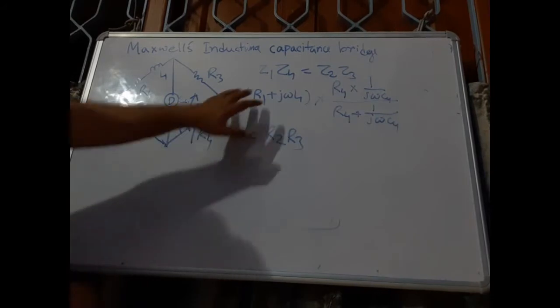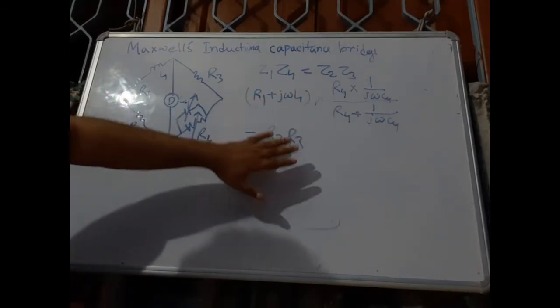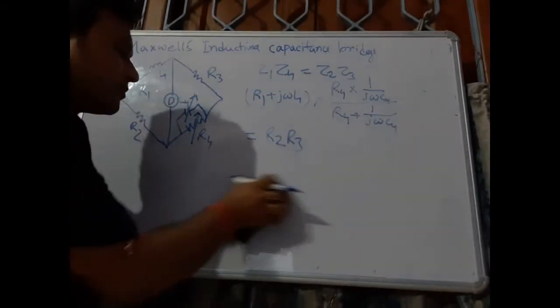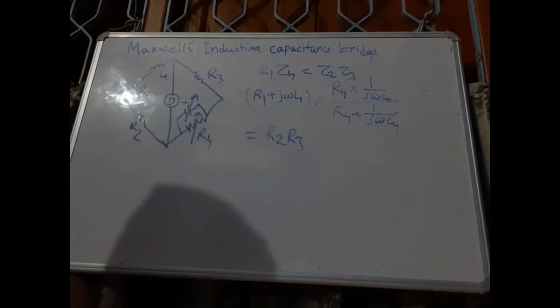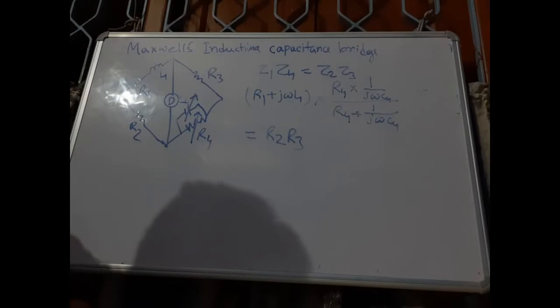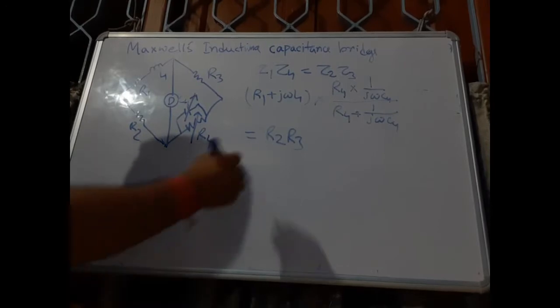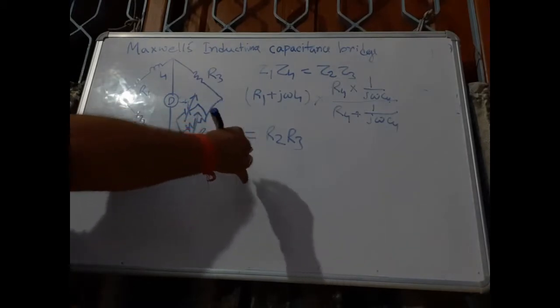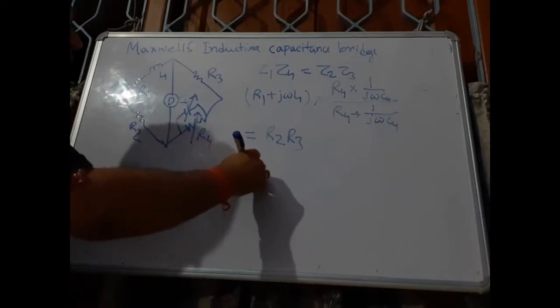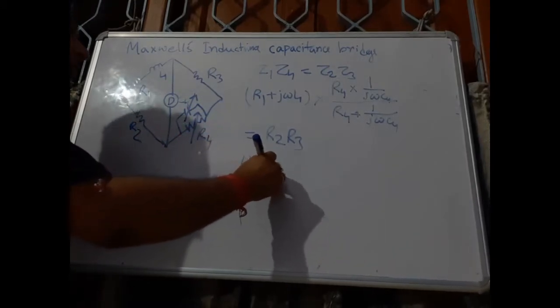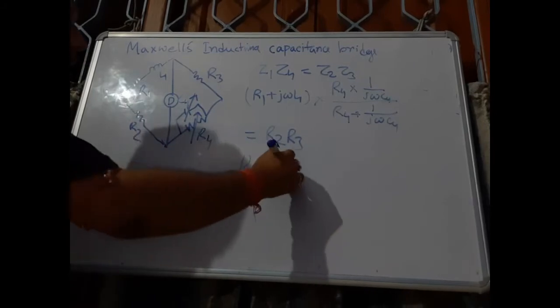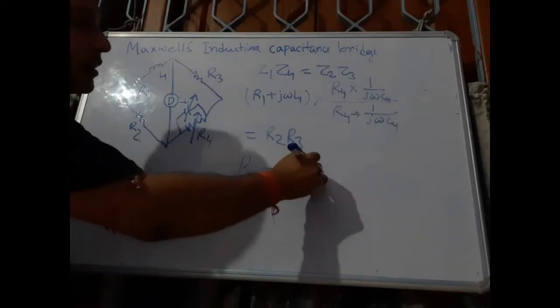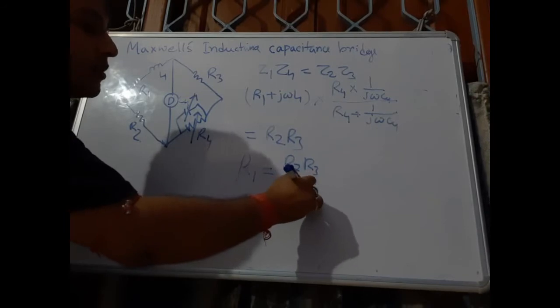Now if I separate the real part and imaginary part, we will get the following. I am just giving the result, you can do it on your own. R1 equals R2 R3 by R4.